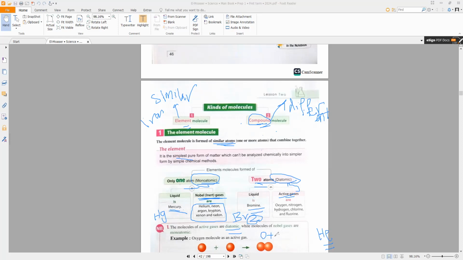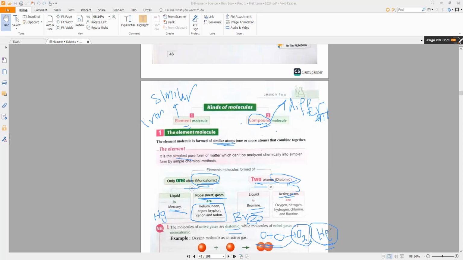So an oxygen atom with an oxygen atom gives an oxygen molecule. The oxygen molecule consists of two atoms of oxygen, but the helium molecule consists of one helium atom. Why?